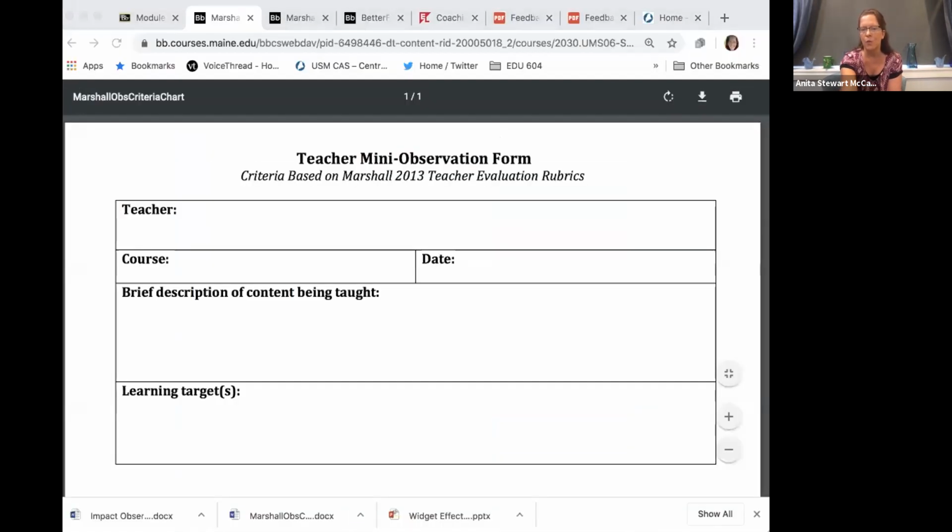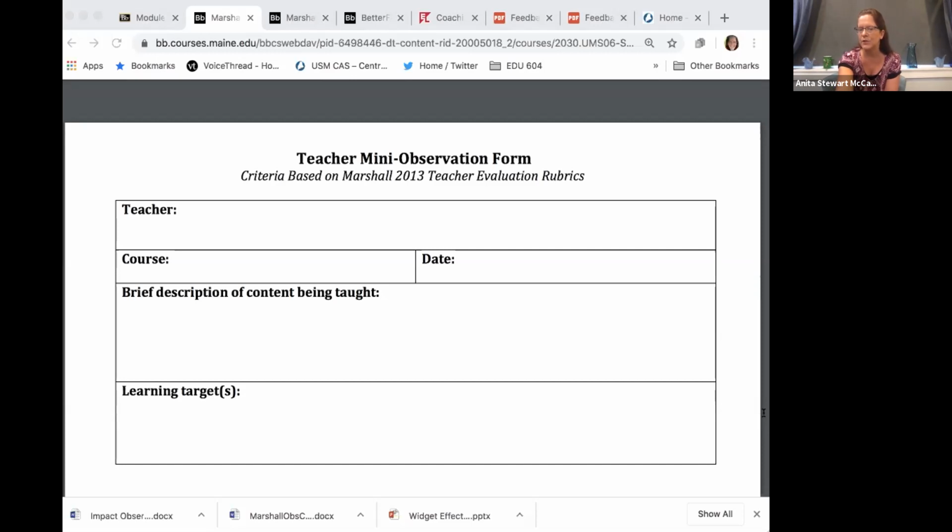Another form, which will look similar to you as that last one, is again the same sort of heading: the teacher, course, brief description, learning targets. And then what I've done is I've taken from domain A, planning and preparing for learning, all of those elements, those criteria, so what we would be looking for, and I placed them right down the middle.